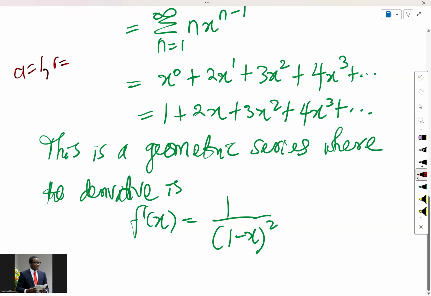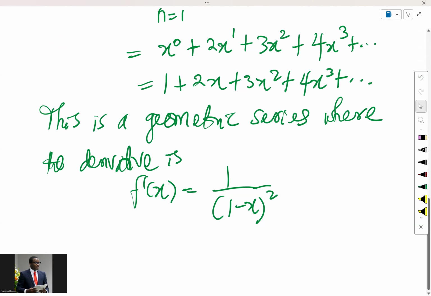Is it multiplied by 2x? That's 2x over 1, that's 2x. Okay, I'm not sure this is going to work because there's no common ratio. 3x squared over 2x is 3 over 2 times x, so it's not a common ratio like that. Okay, so let's just stop at that.